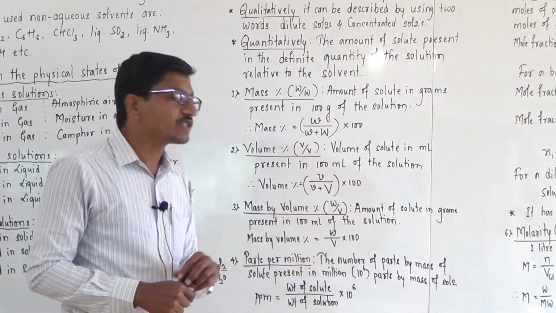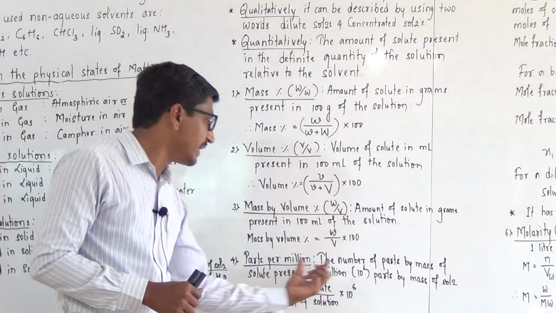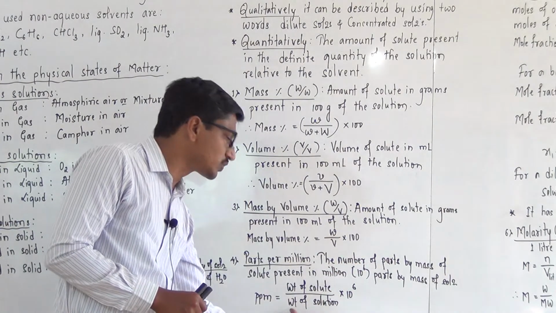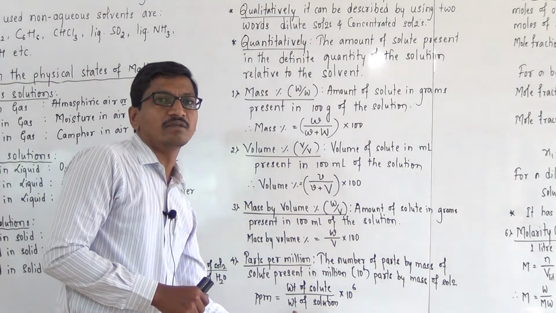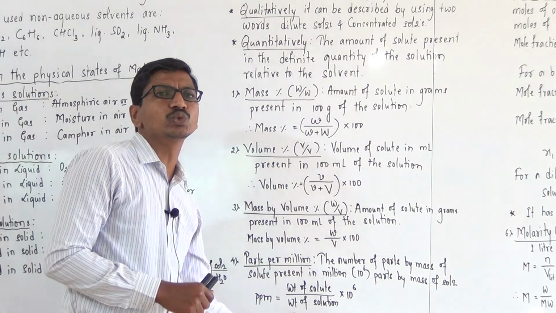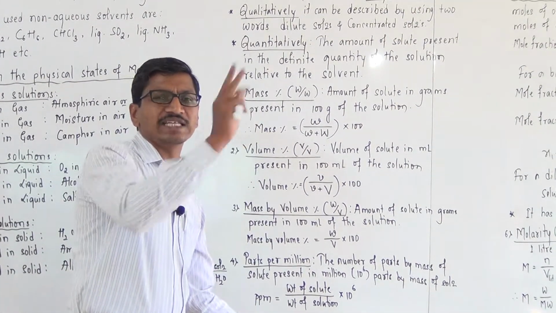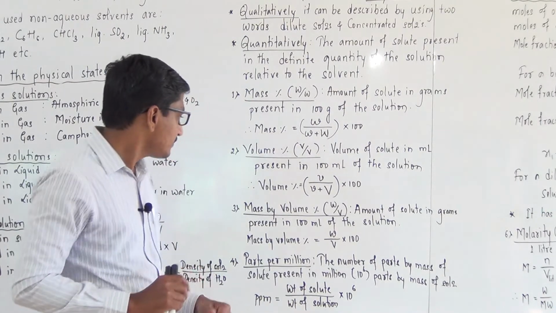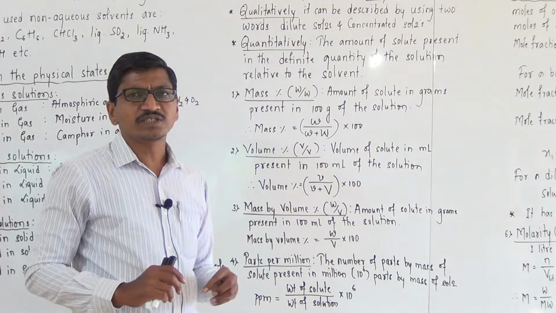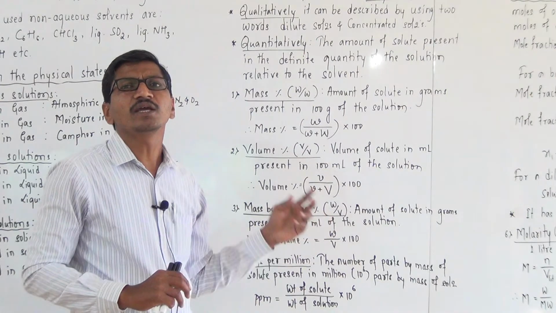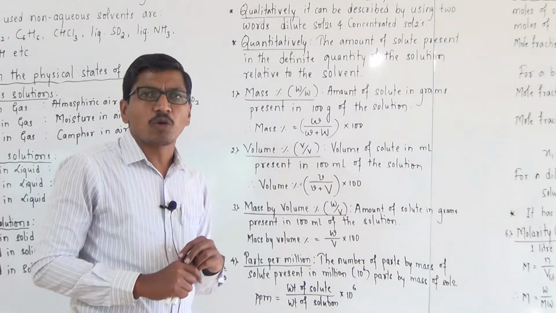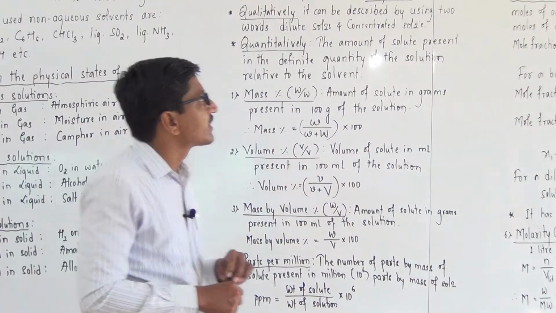The number of parts by mass of the solute present in a million parts by mass of the solution is called ppm, and this unit is generally used to calculate the pollutants present in water as well as air. And mass by volume percentage is generally used in the medicinal as well as pharmaceutical industries.